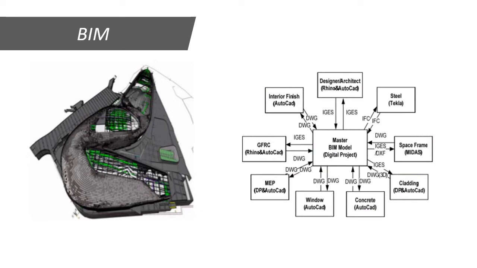BIM modeling is conducted with data processing based on the 2D information of the designer and the information from Rhino. In the steel frame field, information exchange was carried out in IFC format using the specialized Tekla Structures.